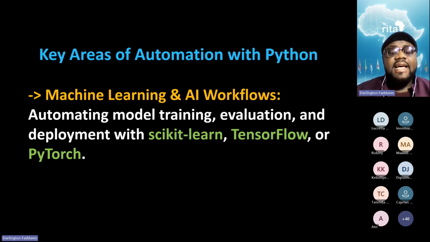And certain libraries in Python that we use for machine learning and deep learning, we have scikit-learn. Please type scikit-learn in the chat. If you are interested in data science, this is one of the most important libraries you will be learning, because this is what we use for machine learning. Yes, scikit-learn. This is the machine learning library in Python. We also have TensorFlow and PyTorch for deep learning and for advanced things like neural networks and so much more.